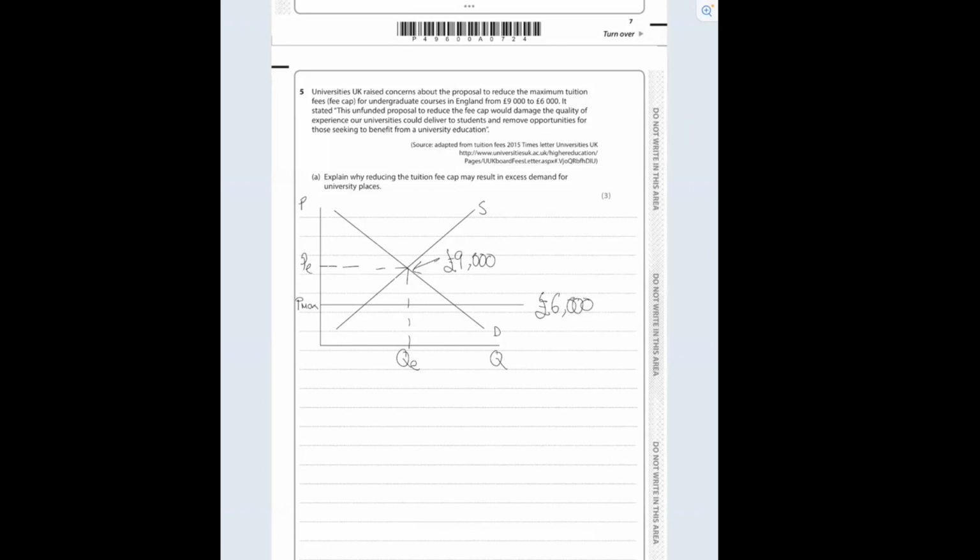And then we have these equilibrium points. So let's call that Q2, and let's call that Q1. And the distance between these two represents the excess demand. So there we go. We can see just through using the diagram where the excess demand is.